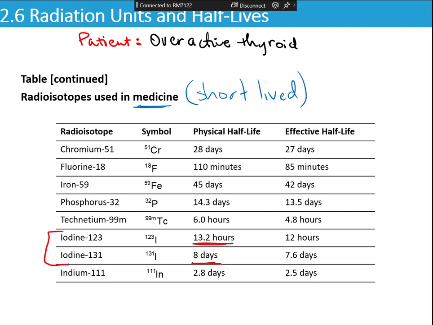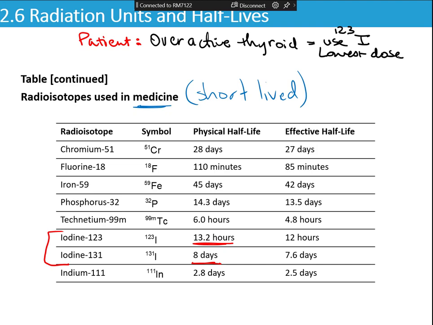Because if it all goes to one spot, that shows an irregular area. That's an area of abnormal cells. So that may actually show them that there is some hyperactive or cancerous cells, abnormal cells within that thyroid. So if they have an overactive thyroid, they're first going to use iodine 123 with the lowest dose possible.